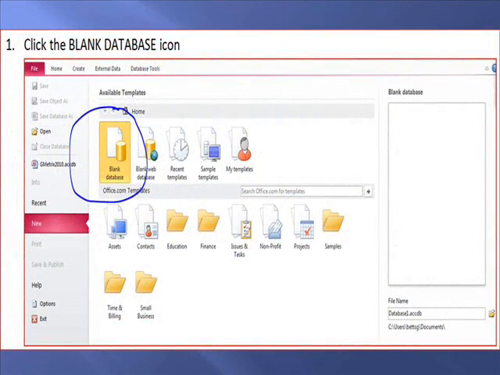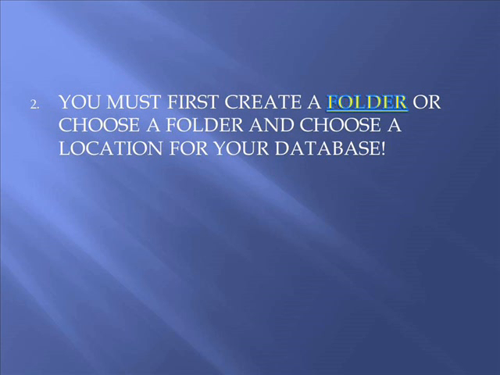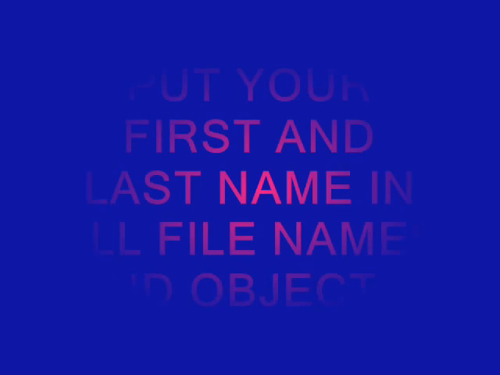Here is a look at the Backstage view. When you're starting a new blank database, you need to select Blank Database. And then over on the right-hand side, you need to click the yellow folder and browse for the location in which to save the database. And then you also need to name your database correctly.